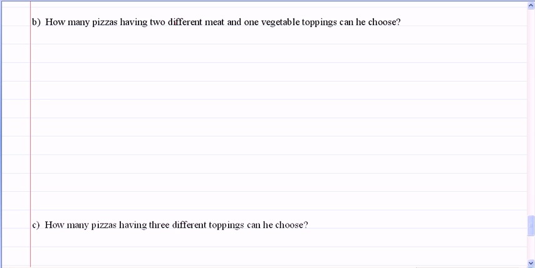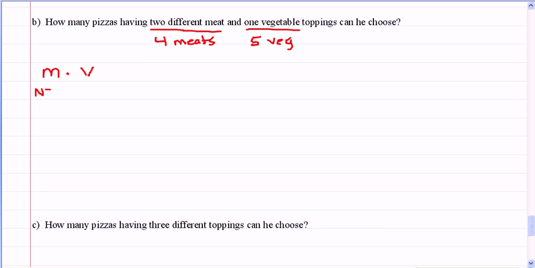For part B, now he's choosing 2 different meats and only 1 vegetable. So we had a selection of 4 possible meats and 5 possible vegetables. So this is another combination of meats and vegetables, so we multiply them together.